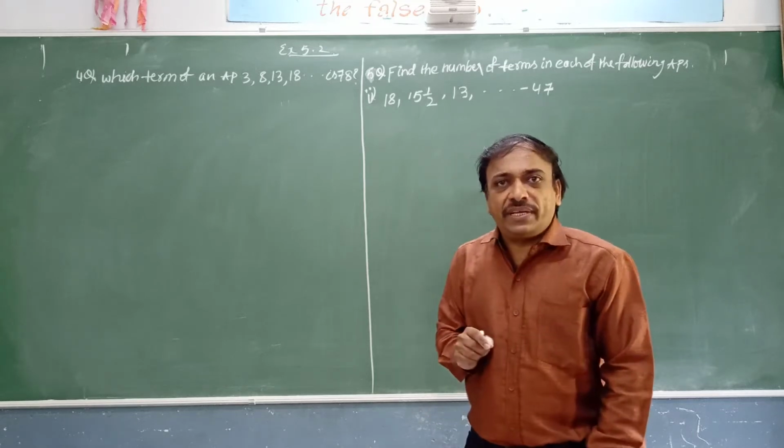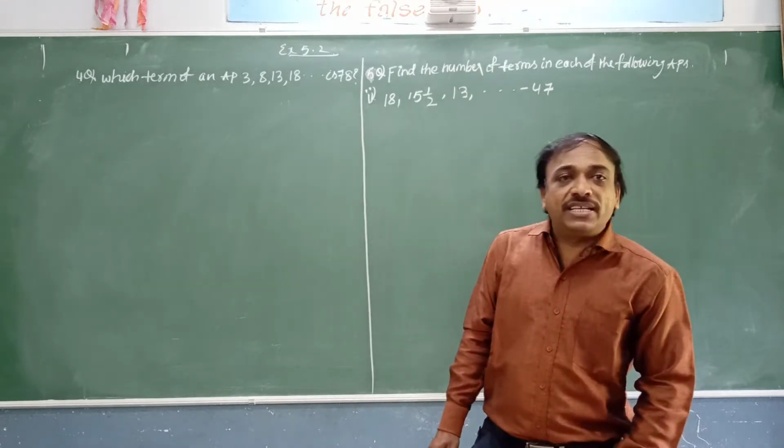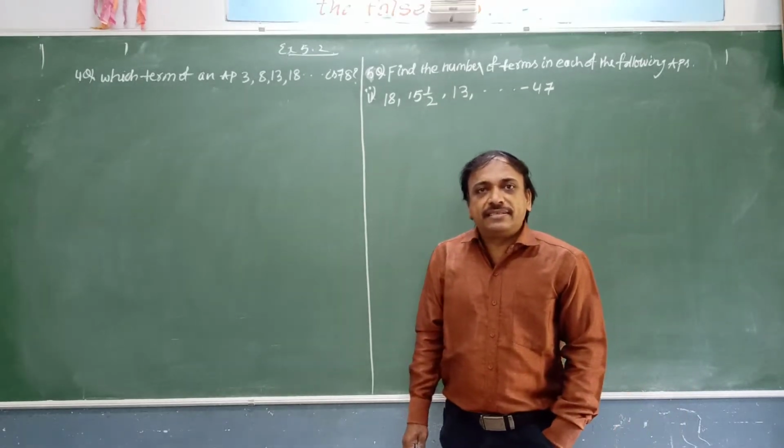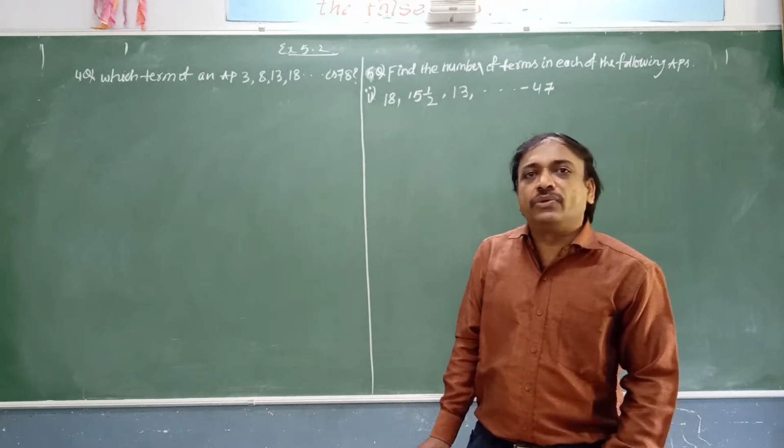Can anyone guess how to find it? Yes, you have to use the an formula. What is the an formula? Can you repeat the formula? a plus (n minus 1) into d.